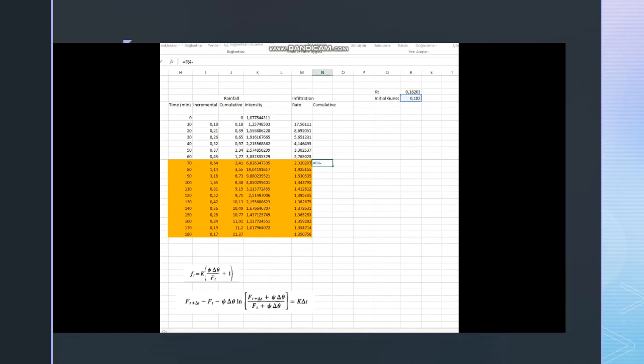So the cumulative rainfall is the previous cumulative infiltration. Then minus, we know that phi delta theta, where is it? Phi delta theta, hold on.